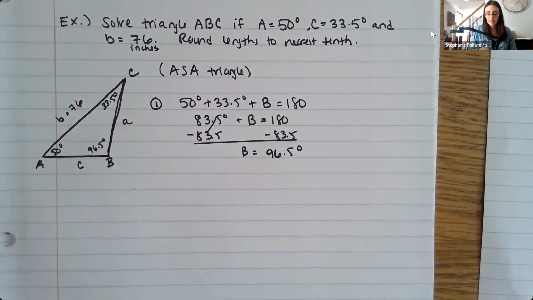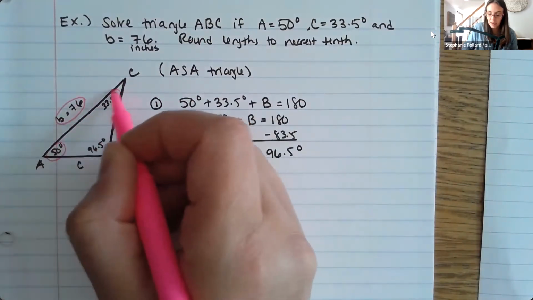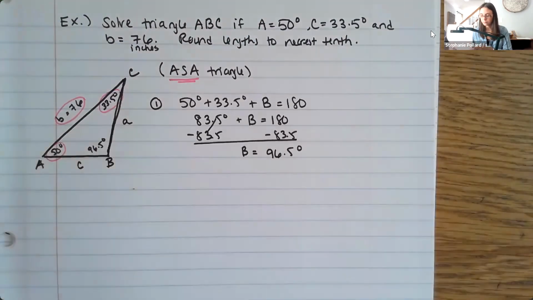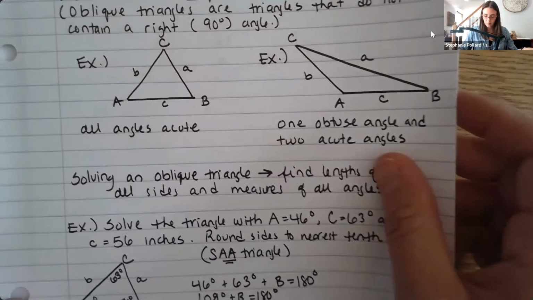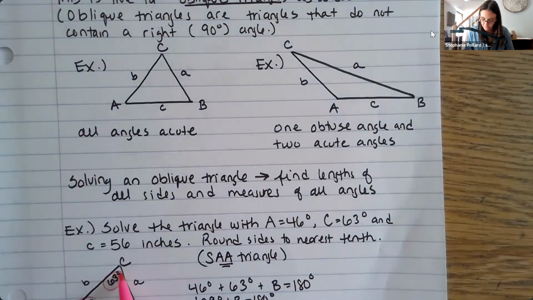Now, this one is called angle side angle because the information you were given was an angle, then a side, then an angle. So that's where it comes from. It just lists them kind of in order, angle, side, angle. If you look at the last example we did, it gave us the 46, the 63, and the 56.